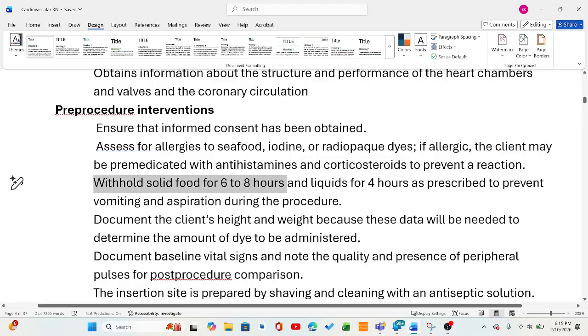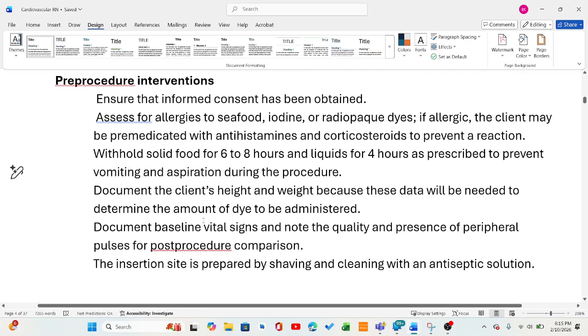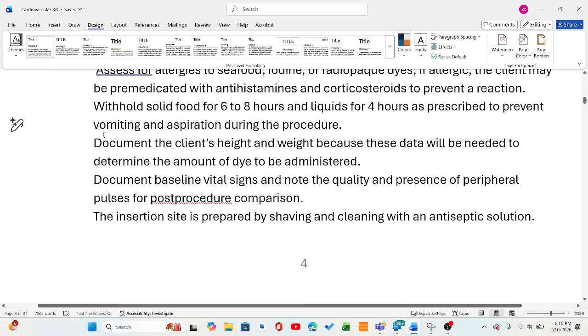You also have to put the person on NPO for this procedure. The reason we do that is that we want to prevent aspiration or vomiting during the procedure. You also want to document, this is not a major thing, the height and weight, to determine the amount of dye that needs to be injected into the person in the cardiac lab.